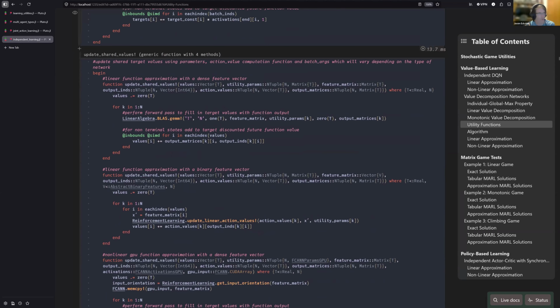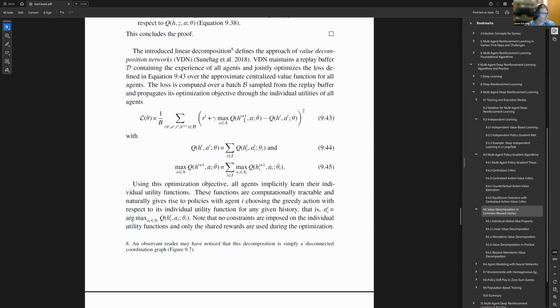The other step we have to do, right? We also have to compute this part of it, where this is also going to be that sum again. And this is where the delta value comes in, right? So the delta value is going to be this minus this, where both of these are sums over the individual utility functions. So we also have to compute this on a per example basis.